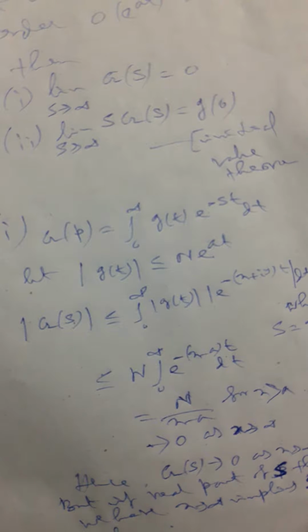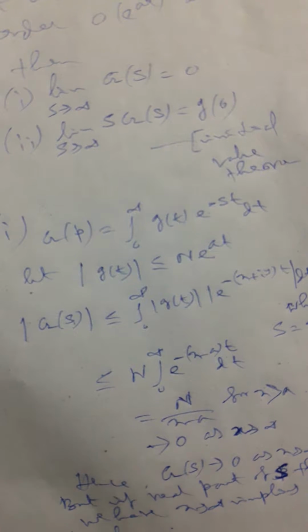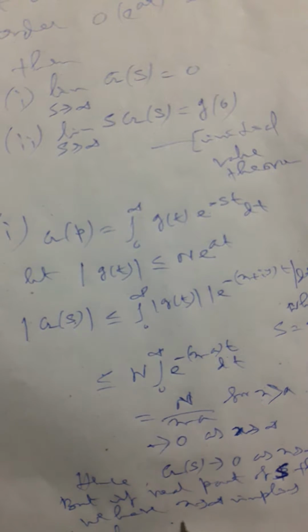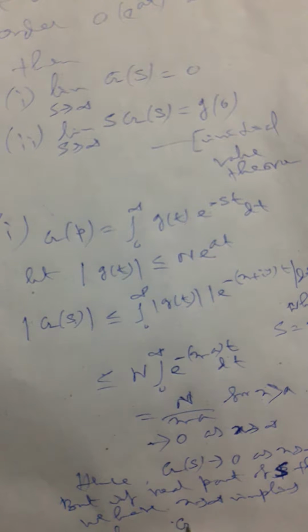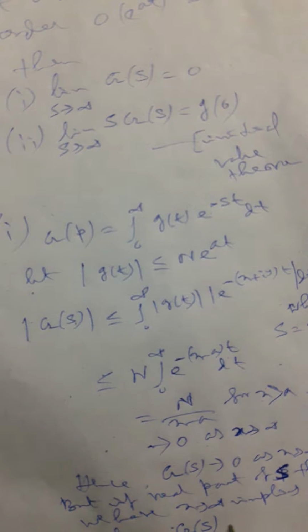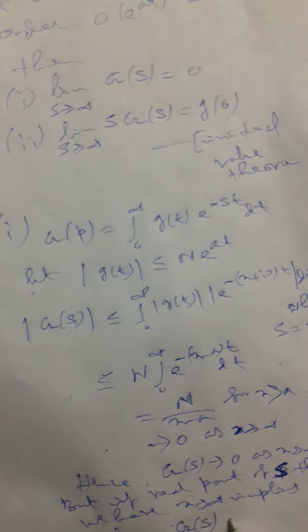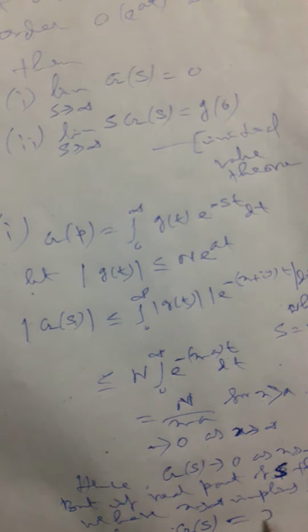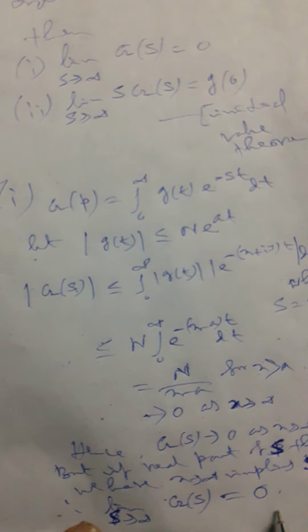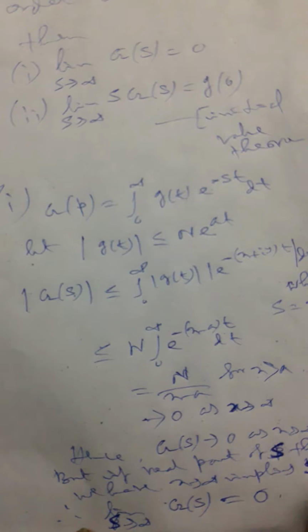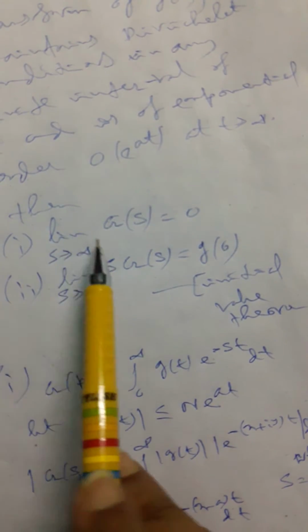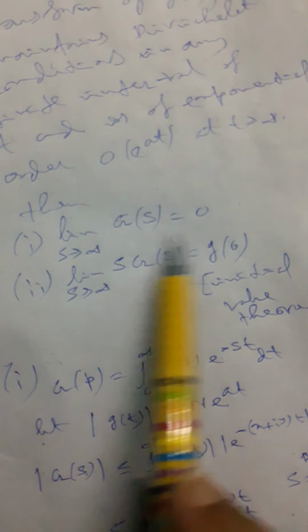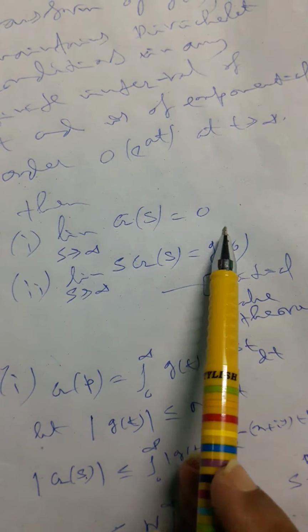So the limit as s tends to infinity of G(s) is 0. With this conclusion, this proves the first part of the theorem.